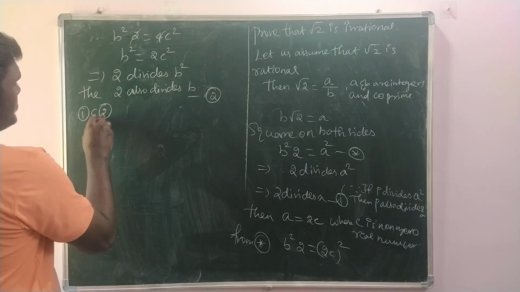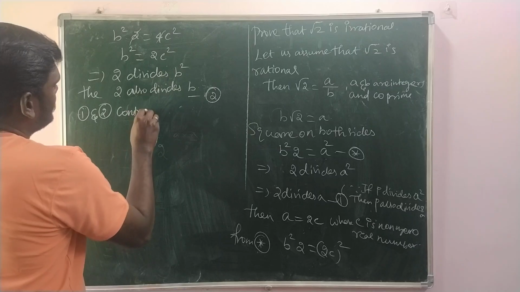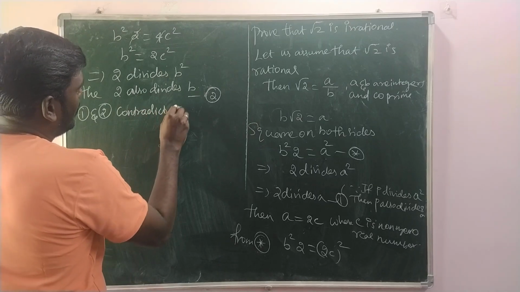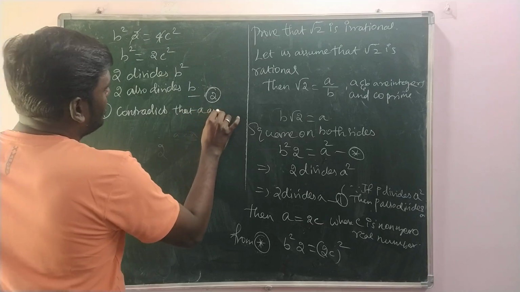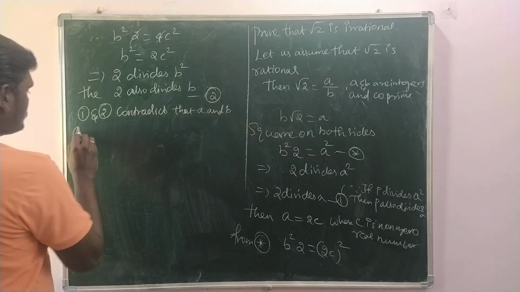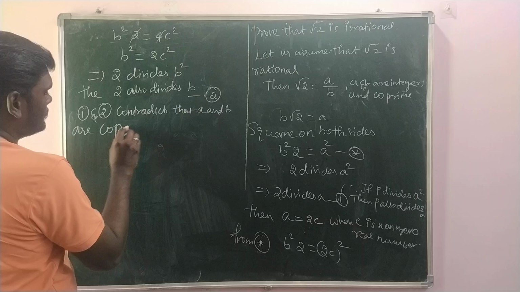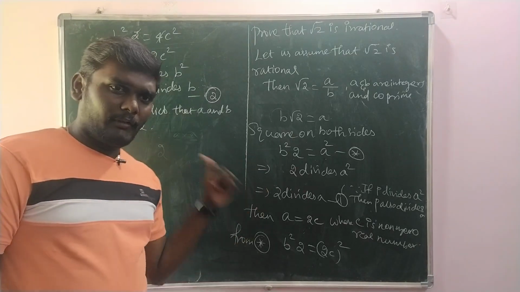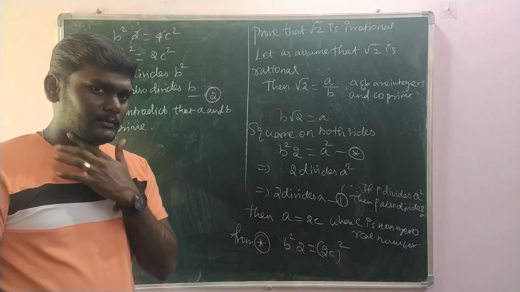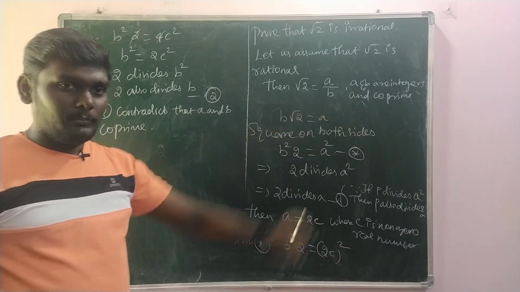This 1 and 2 contradicts the fact that A and B are co-prime. Okay, this cannot be wrong, what we have done. Then what could be wrong? Our initial assumption could be wrong.